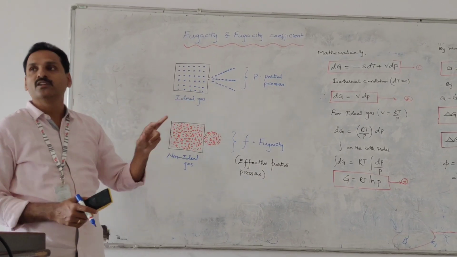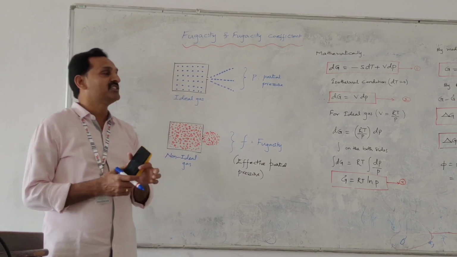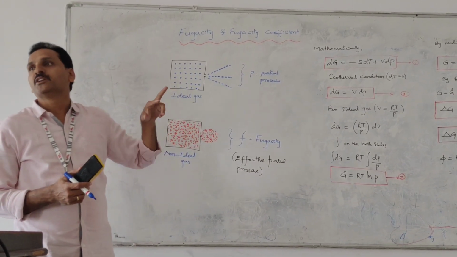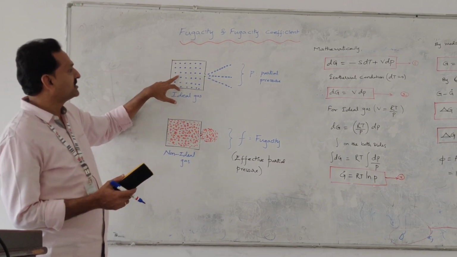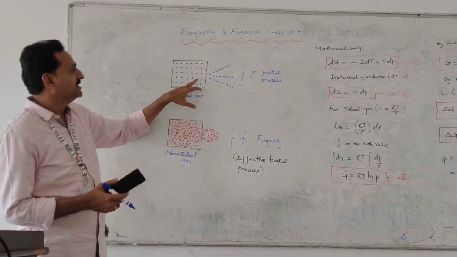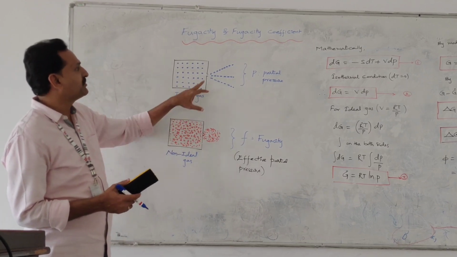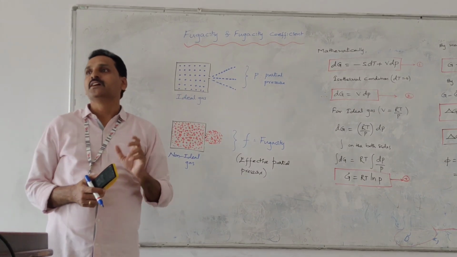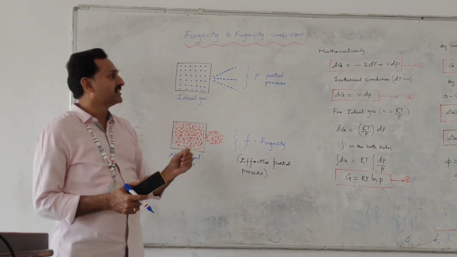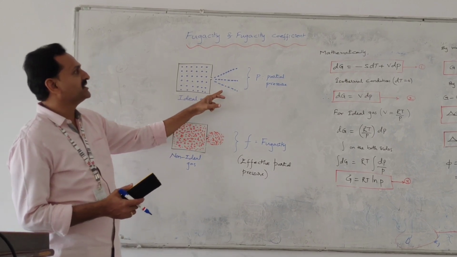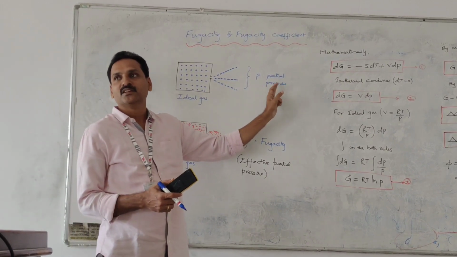Ideal gas molecules don't have any inertial forces, viscous forces, or interatomic forces. That's why molecules are arranged in a specific order in the cylinder. If you release the cap of the cylinder, the molecules move in a specific direction, so the concentration can be measured in terms of partial pressure.